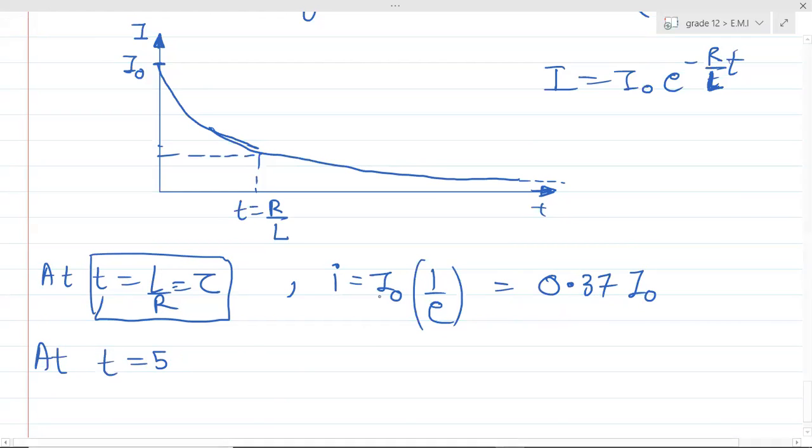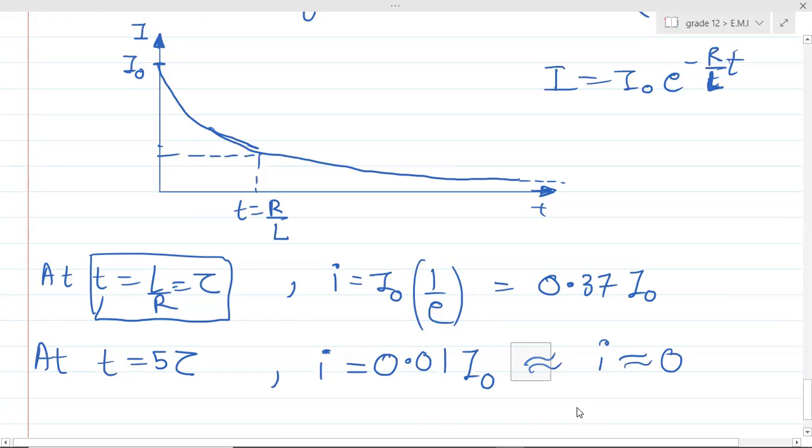Here the R comes in the denominator, there R comes in the numerator. At t tending to 5 tau, I will be approximately, or you can write approximately, no, then questions will come. I will be 0.01 times of I naught, and which can be taken as 0. Yes or no?